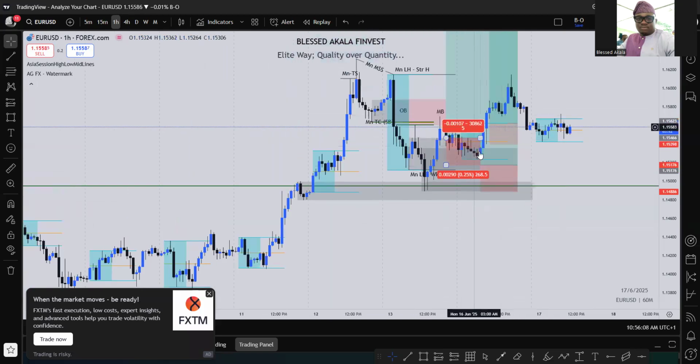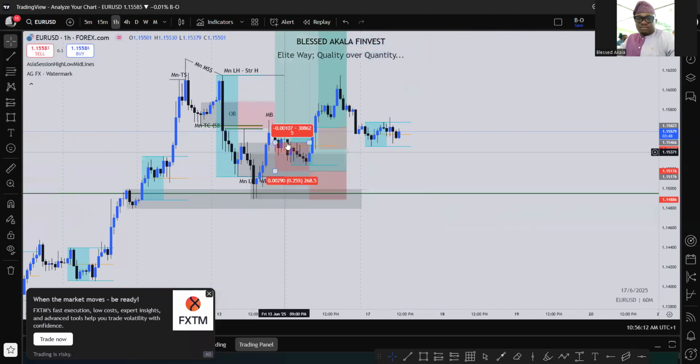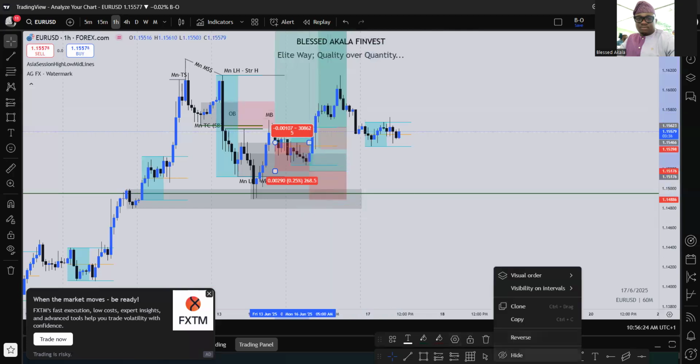Yesterday I spotted this internal structure within the level, after we had a proper mitigation of this level. Let's hide all these ones so that we are able to see it properly.